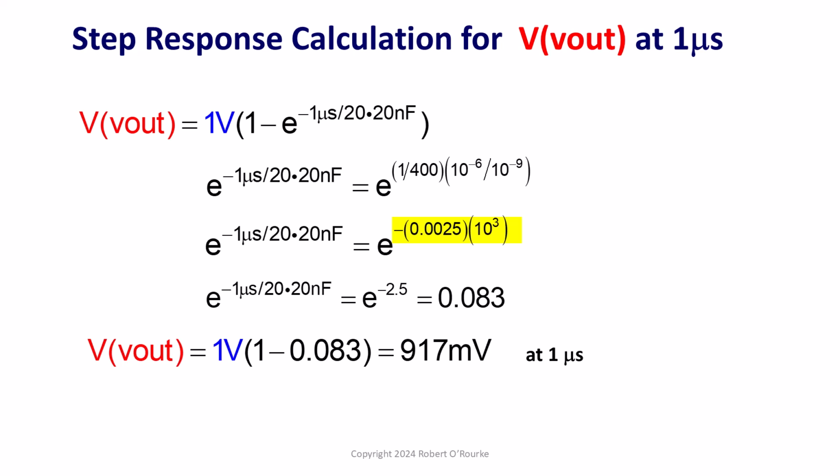0.0025, and 10 to the minus 6 divided by 10 to the minus 9 equals 10 to the plus 3, or 1,000.